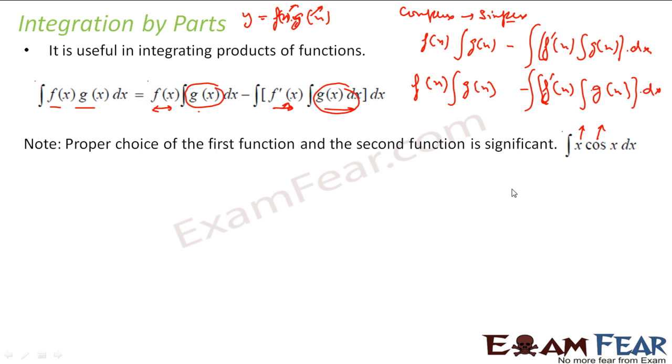For example, let's suppose this is my first function, this is my second function, and I want to find the integration of x cos x dx.